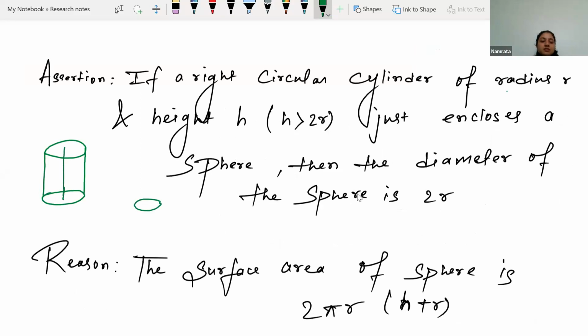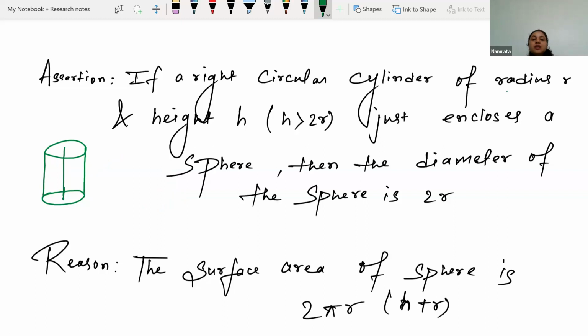It's not like this, this is not a right circular cylinder. This is a right circular cylinder. The centers of the circles at the bottom and the top lie perpendicular to each other. That's called the right circular cylinder.